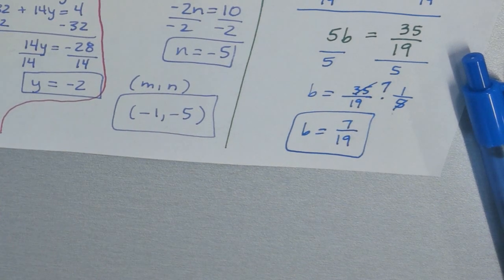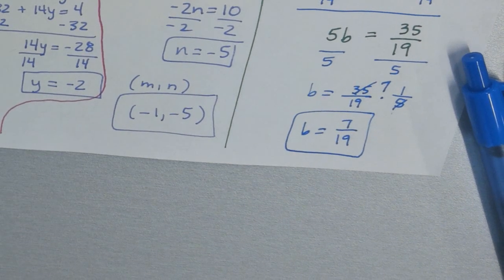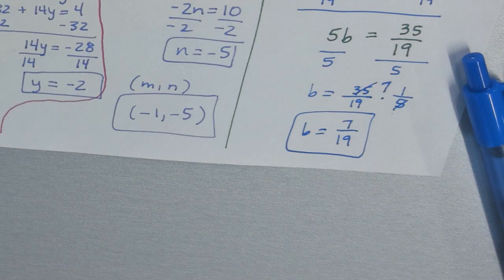All right, so now we're going to go to our 2.8 packet. So we're going to use some of the skills that we did in our warm-up bell work today to help us write quadratic functions by hand.